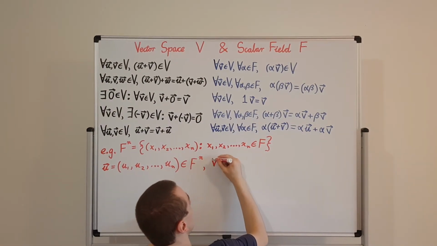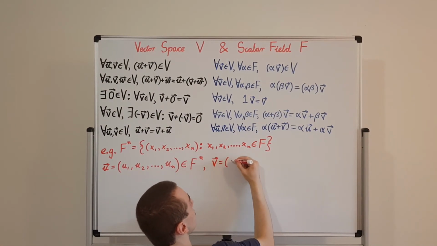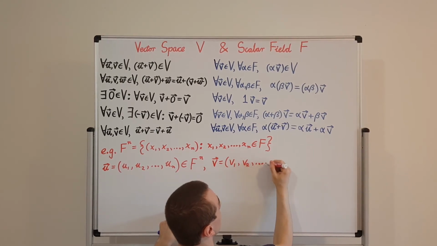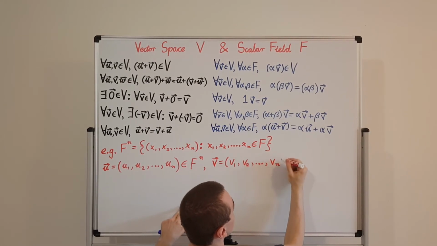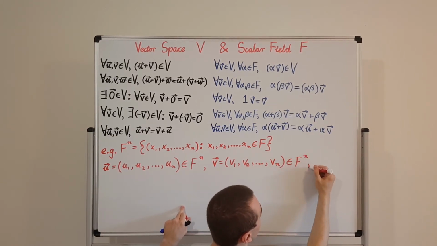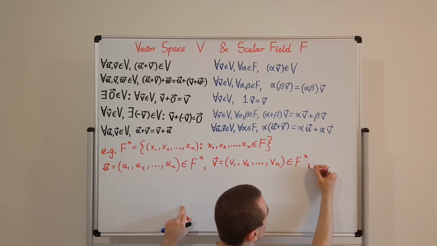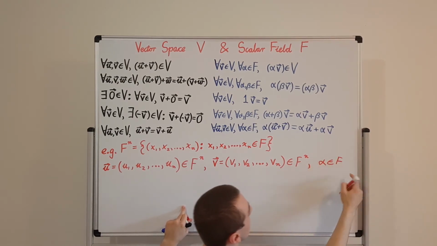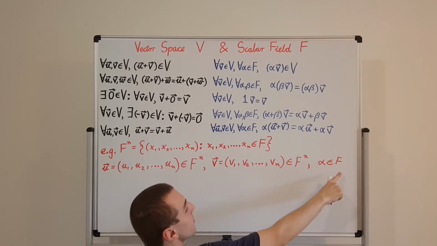So v is another vector that is equal to v1, v2, all the way up to vn. That's also an element of this vector space Fn. And let's also define a scalar, alpha. And alpha is an element of the field. So it's not an element of the vector space, it's an element of the field.